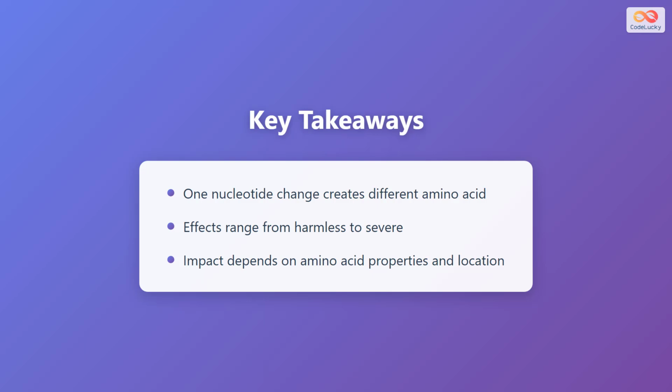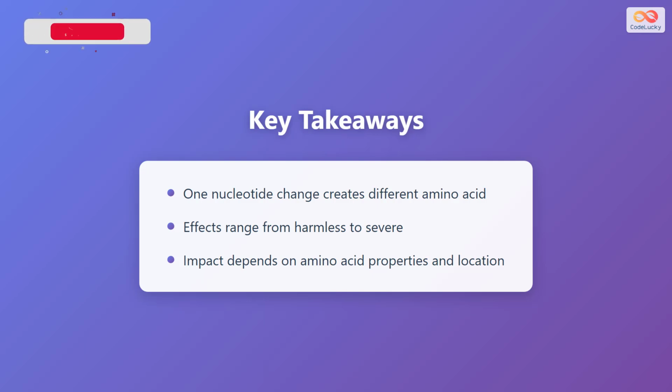Let's summarize the key concepts about missense mutations. First, remember that a missense mutation involves just one nucleotide change, but this single change results in a different amino acid being incorporated into the protein. Second, the effects of missense mutations exist on a spectrum, ranging from completely harmless substitutions to severe, disease-causing changes.